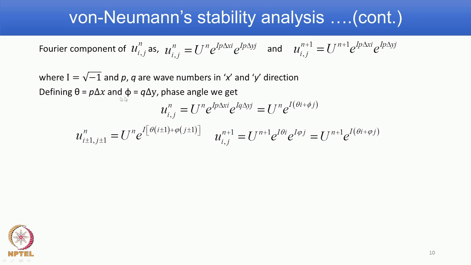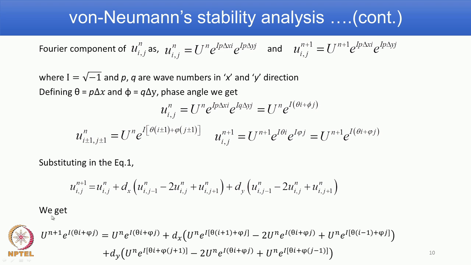So, with these definitions and expressions for individual terms, now we substitute in the final discretized equation and we get the expression as shown here. You can identify or recognize the left hand side, for example, u n plus 1 e to the power of I theta i plus phi j is for u i comma j n plus 1.